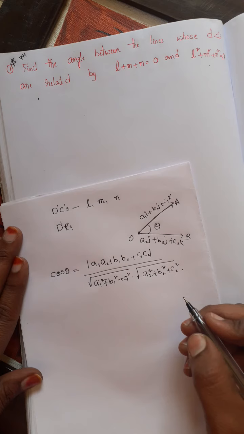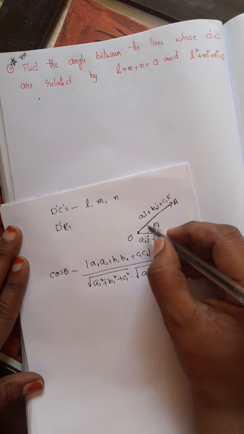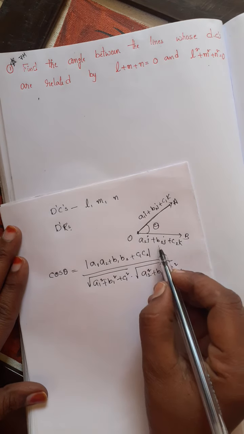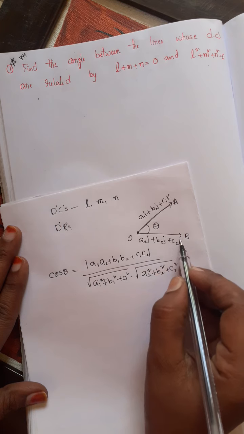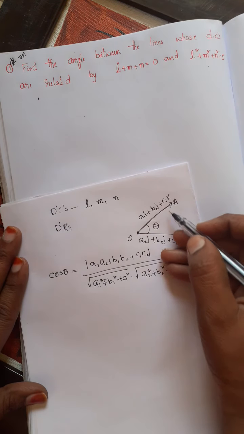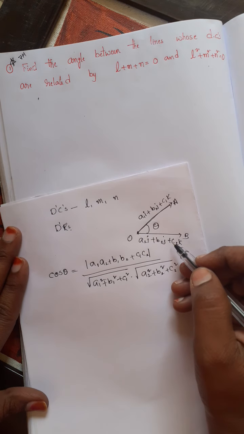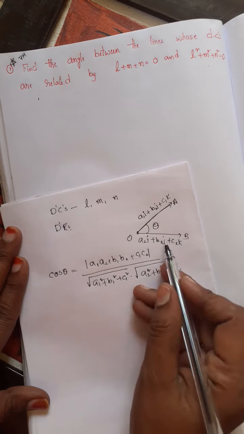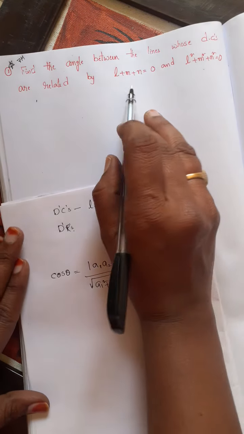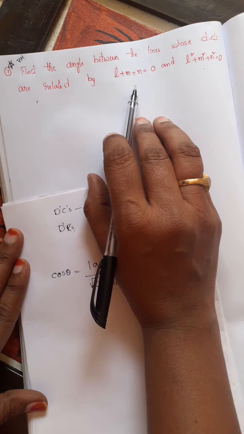This is the formula we have, where a1 b1 c1 are direction ratios of this position vector, and a2 b2 c2 are the direction ratios of the other position vector. If you know two lines in terms of direction ratios, you can substitute the values in cos theta. But here in this question, you have the lines in terms of direction cosines, right?